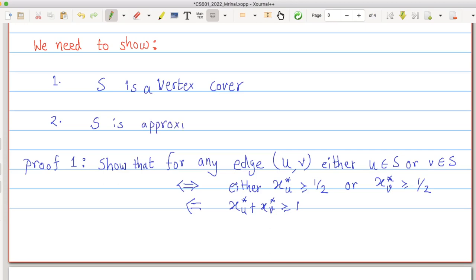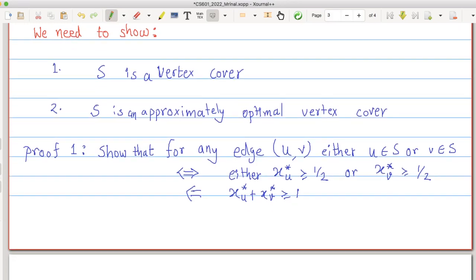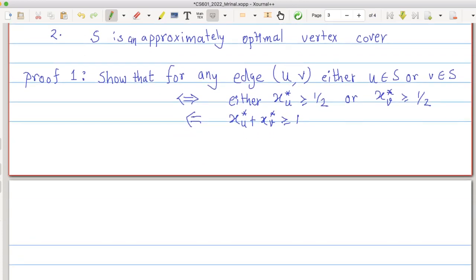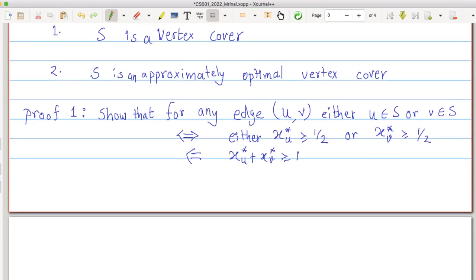That's what we want to show, and that's something very interesting. What you need to show for this is that the weight of set S is not too far from the optimal weight of a vertex cover.